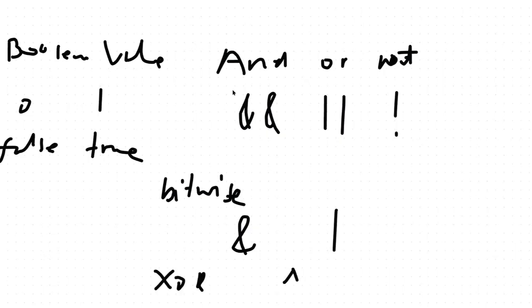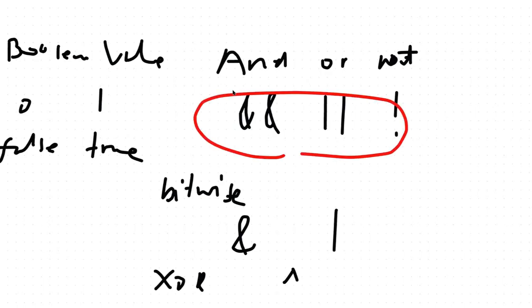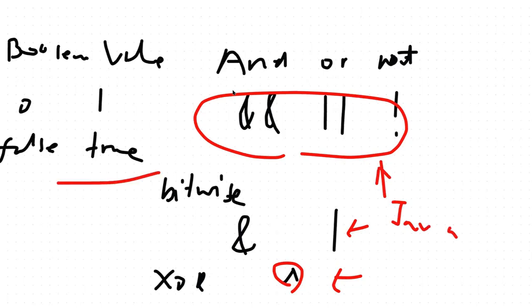In AP level, we only need to look at these. These 2 are not tested. But in some of the homework you may see this inclusive or, but it's okay. You also need to learn it. So these are the Boolean logic functions, and then in Java we write in this way. So these 2 are the Java way.